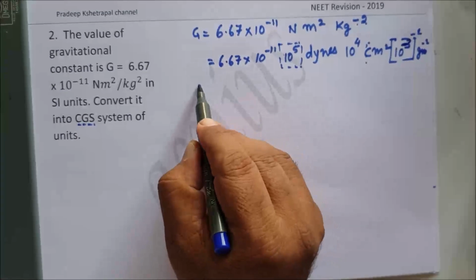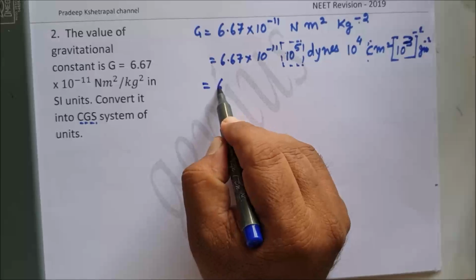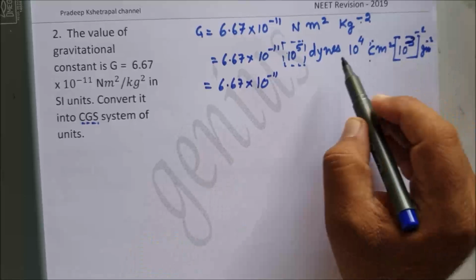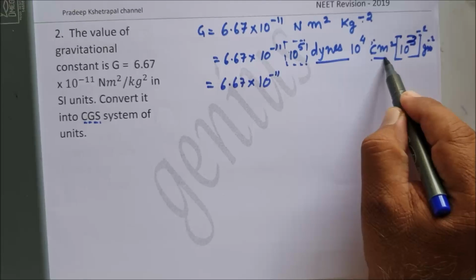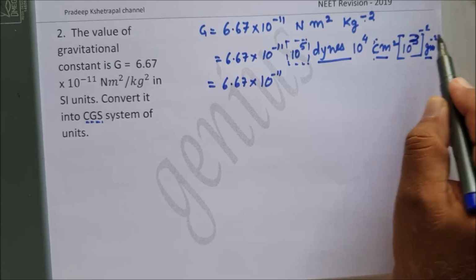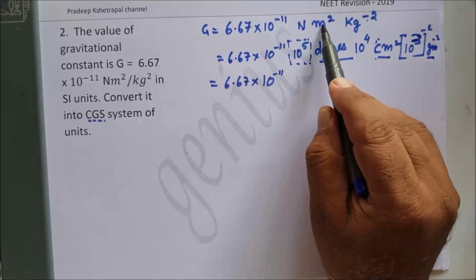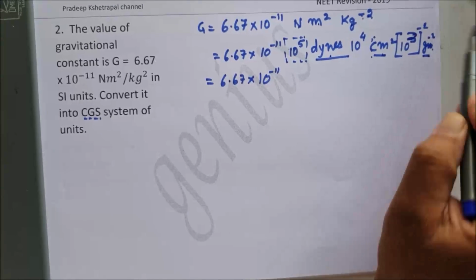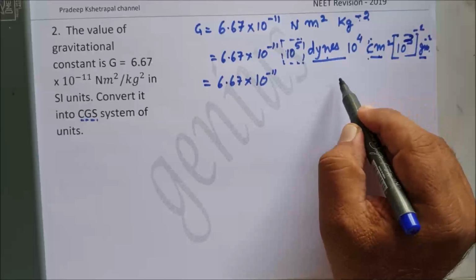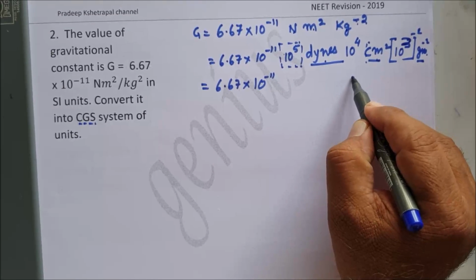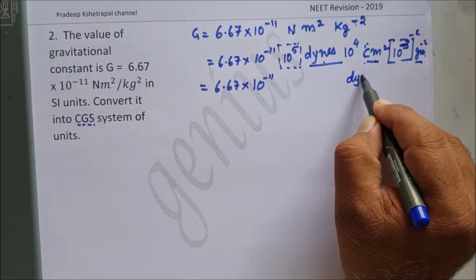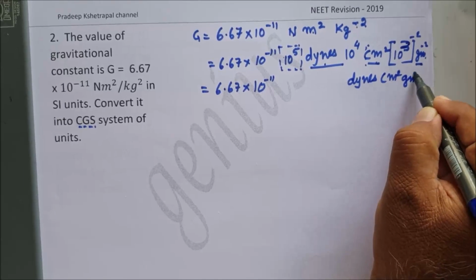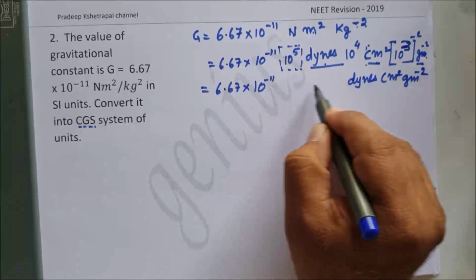Yes. So now see the numbers. 6.67 into 10 to the power minus 11. Now I write here dynes centimeter square per gram square: dynes instead of Newton, centimeter square instead of meter square, and gram instead of kg, with the power minus 2. Now what should be the number here?